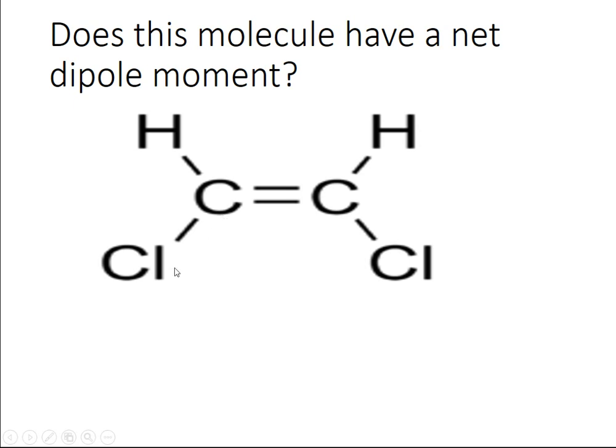Here we have dipole moments pointing from carbon to chlorine, carbon to chlorine. In the end, these dipoles are pointing in the same direction, so they reinforce each other instead of canceling each other. Because this and this reinforce each other, the total dipole moment will point down the middle here.